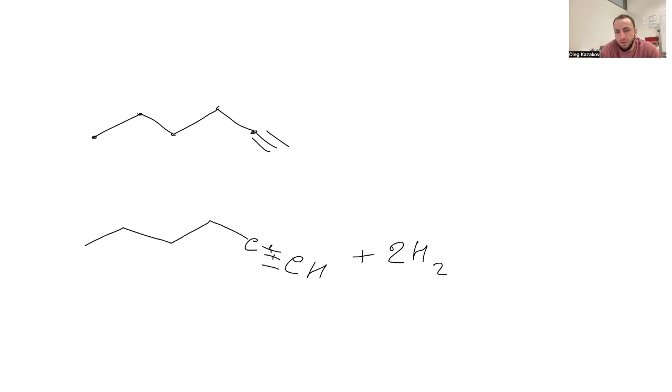If you multiply 2 by 2, then a total of 4 H's will be added, so CH bonds will be formed.